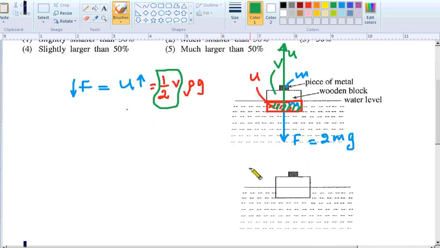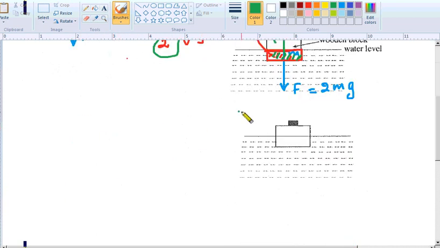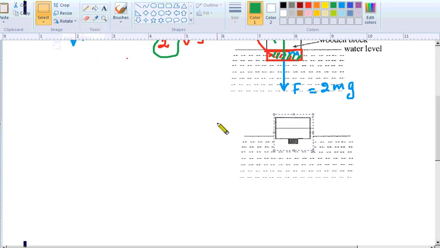So now after flipping, the wooden block with the metal piece is flipped upside down. Let us do it now. Flip like this.